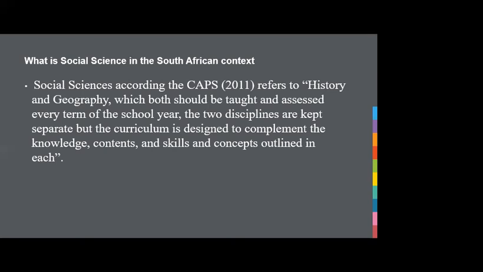It also means that at the end of a term or semester, the marks are integrated, which means that instead of getting a separate mark for history and geography, this mark is combined and learners then have just a mark for social sciences.